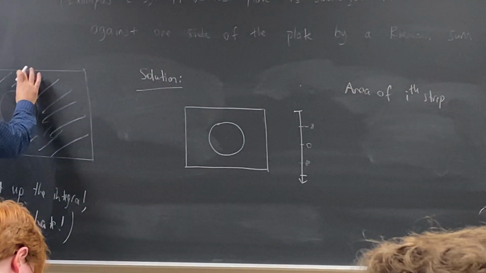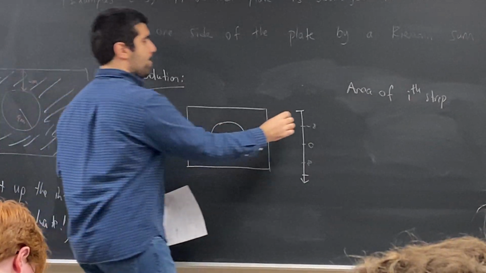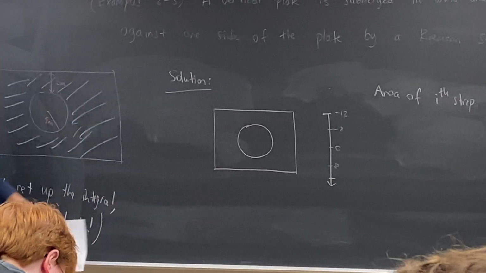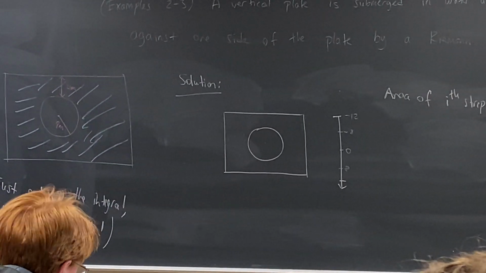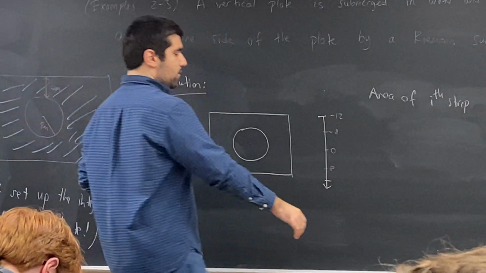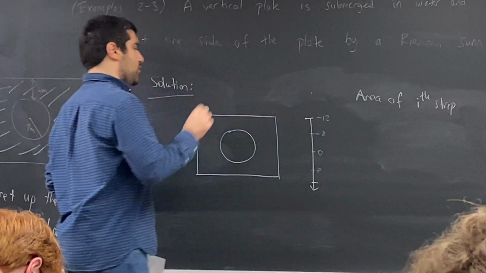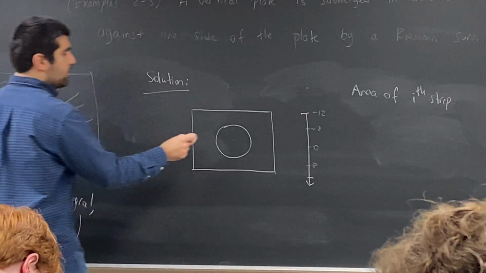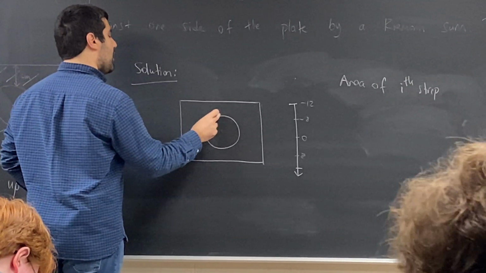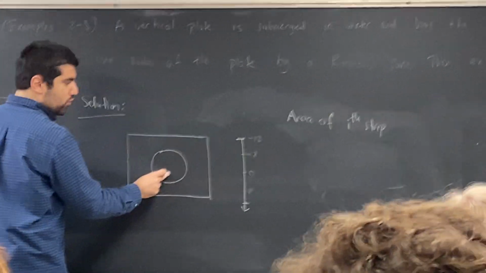And since this distance is 4, we should call the surface -12. Now we're going to pick a very thin strip on the circle. You can pick it from the upper half of the circle or lower half of the circle, it doesn't matter.